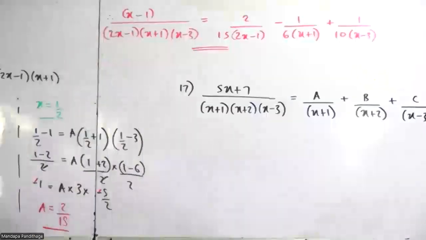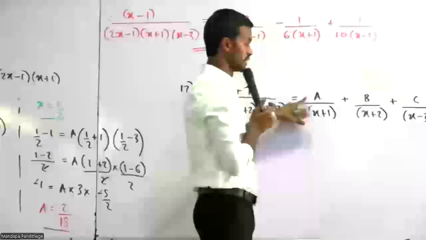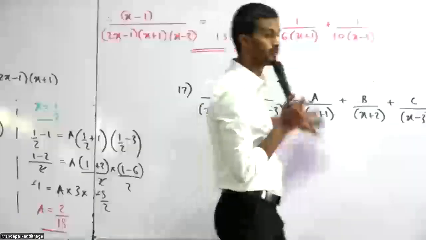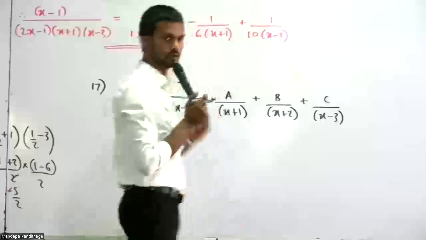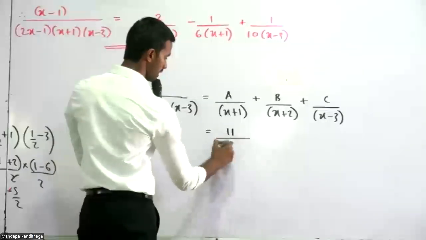This side, tell me what is the value of a? What did you get for a? The numerator of x plus 1? 11 over 10? Okay, so here it is 11 over 10, 10 comes down.